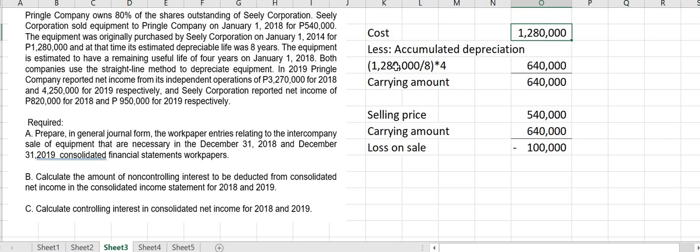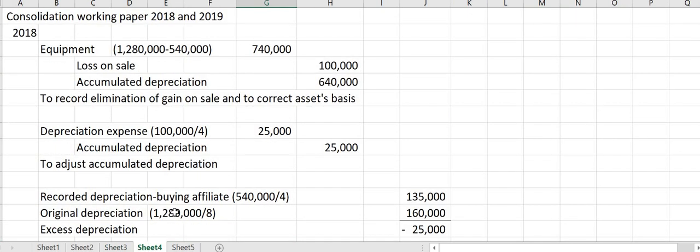That's from January 1, 2014 to January 1, 2018. That's actually 4 years. So you have 640,000 as your accumulated depreciation, and you have a carrying amount also of 640,000. And since the selling price is 540,000 and the carrying amount of the property is 640,000, you have a loss on sale of 100,000.